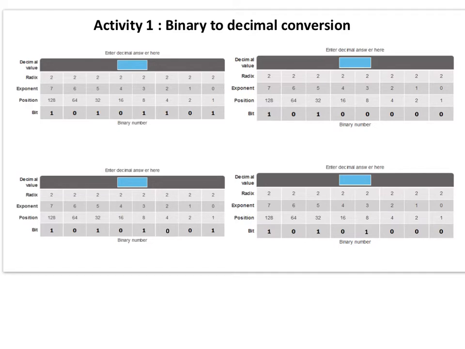This is like math 101. So we need to do it for all these four binary numbers. And of course, I shouldn't be telling you this, but this bit is equivalent to 128, and then 64, and then 32, and then 16, and 8, and so on.